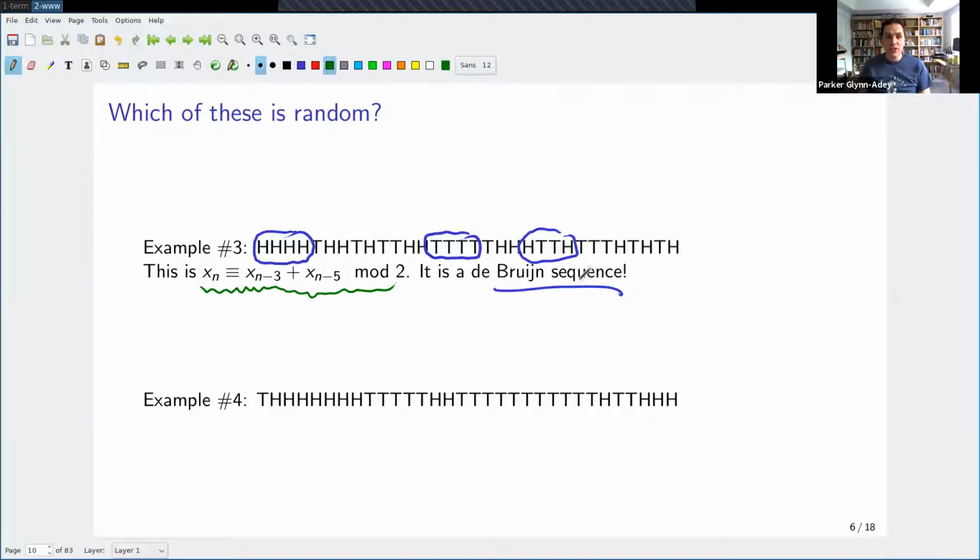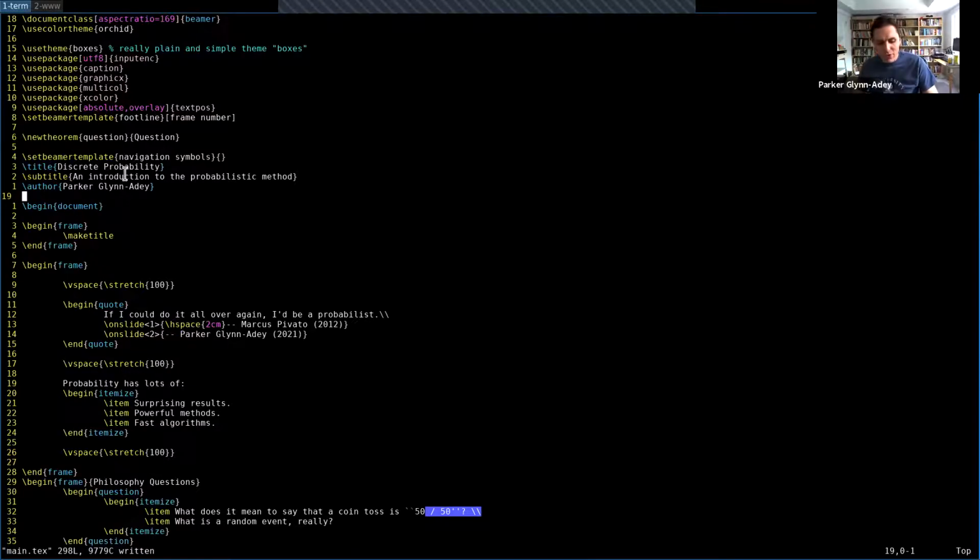This one's actually the random one. To get it, I just kept hitting enter on my computer until it looked weird. So let's see if I can pull up the code for that.